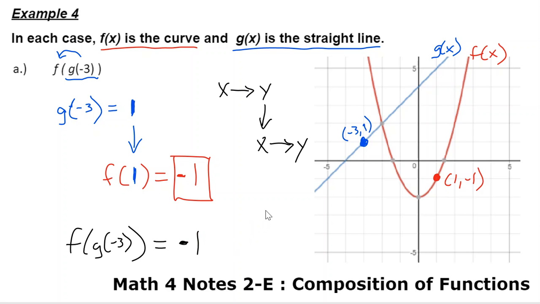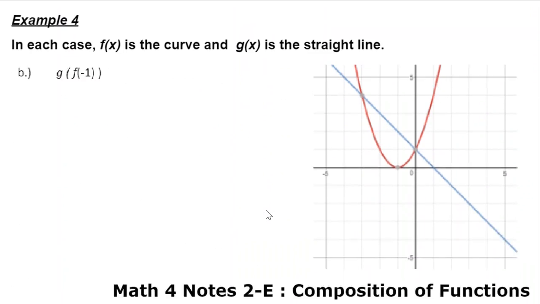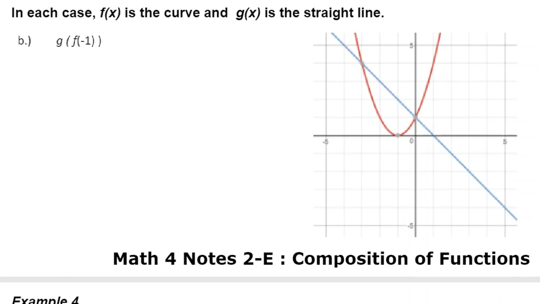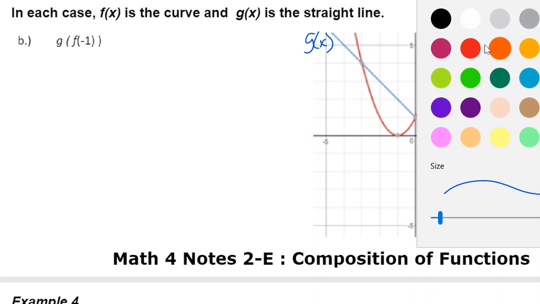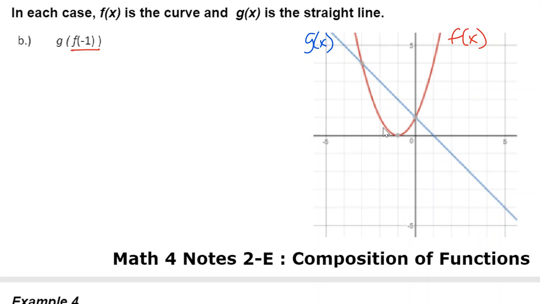So, all right, let's try that again. This time, f is the curve, and g of x is the straight line. And so we're starting with f of -1 first. f of -1 is going to be right there, at (-1, 0).